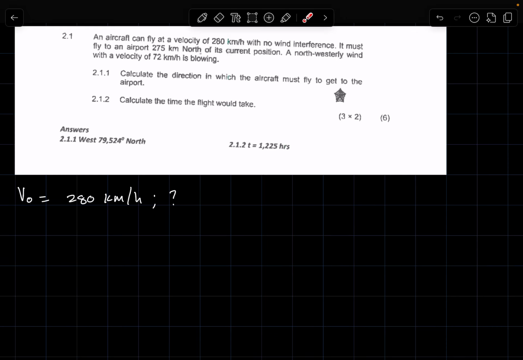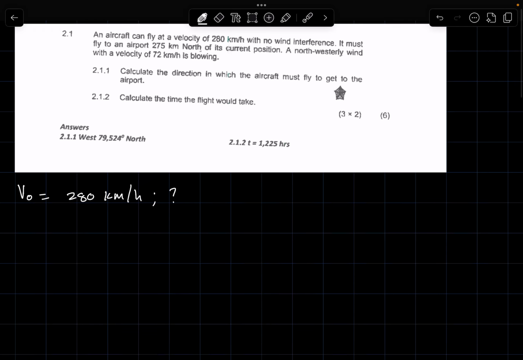Remember, in one of the videos, I explained that any information pertaining to the displacement as well as the direction of its displacement relates to destination, and any information that relates to destination essentially relates to VR. So here, as far as VR, we do not have the magnitude, but we have been given its direction. The magnitude we do not know, but the direction has been indicated as north.